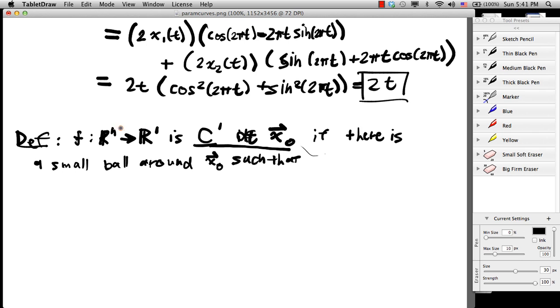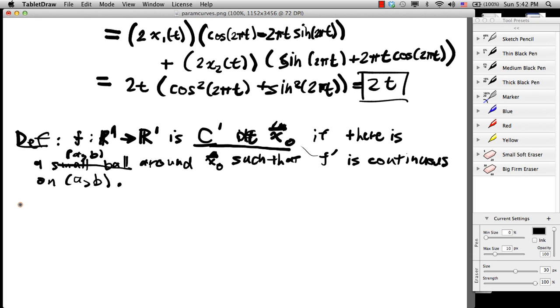So this actually should be, say, R1 to R1, and this will just be x naught. So a small ball in this case is an interval, a comma b with x naught in ab, such that f prime is continuous on ab. That is, there are no jumps at this point.